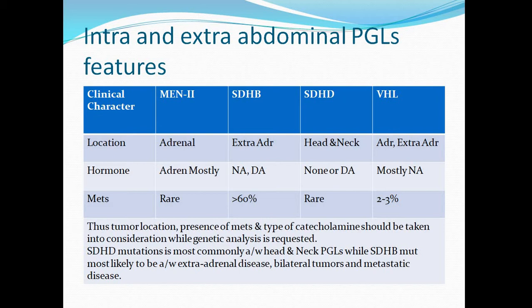In extra-abdominal PGLs, which are associated with mutations, mainly B and D, the B is quite a dangerous one, because it produces more than 60% mets, and it produces both noradrenaline and dopamine. So that's its characteristic. SDHD mutations are more in head and neck PGLs. Mostly they don't secrete any hormone, but sometimes dopamine, and mets are very rare.